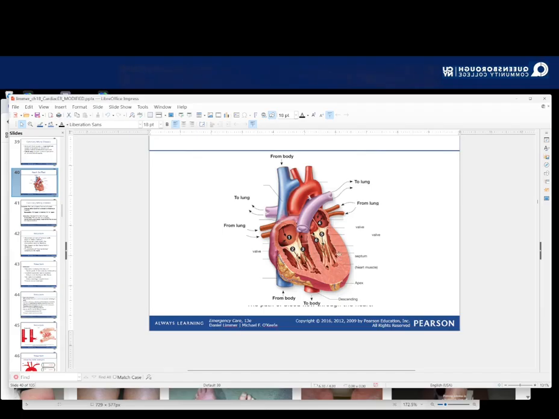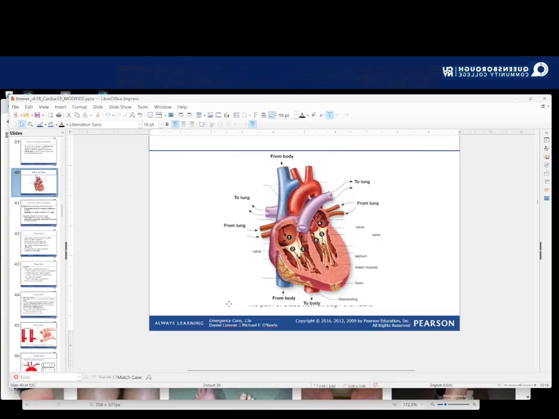What about the left side of the heart? If the left ventricle is not pumping blood out at the rate it's supposed to, then blood is backing up into the left atrium. Where's blood supposed to come from that goes into the left atrium? The answer is from the lungs. So blood is backing up through the pulmonary vein into the lungs.